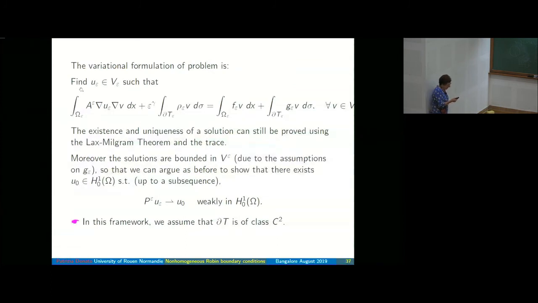One can show that this is the variational formulation. The variational formulation is obtained formally as before.